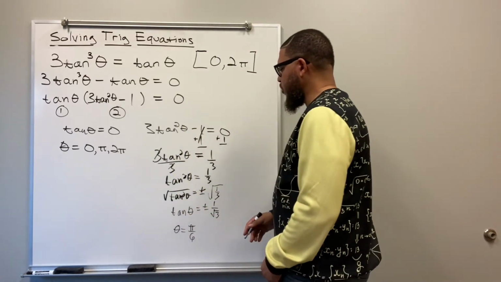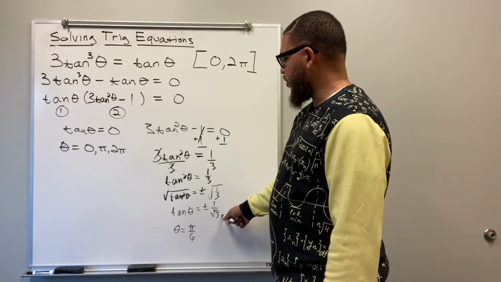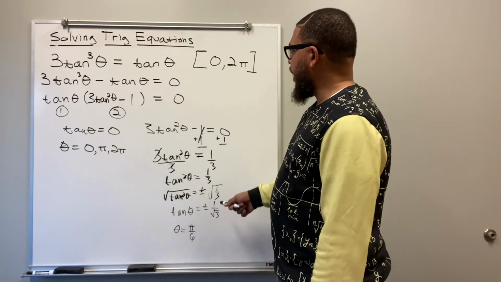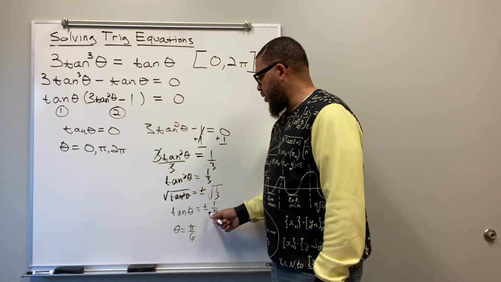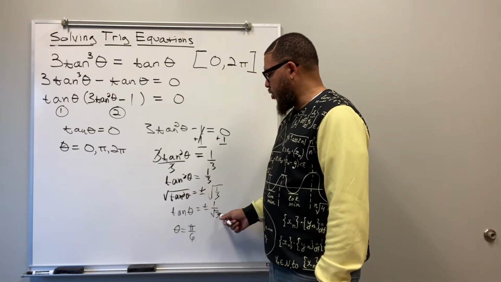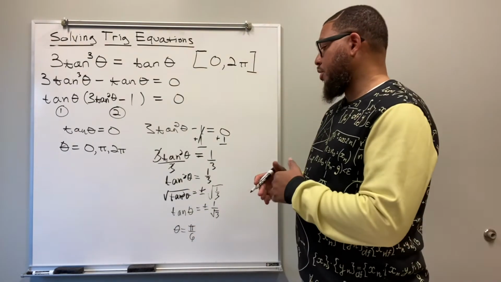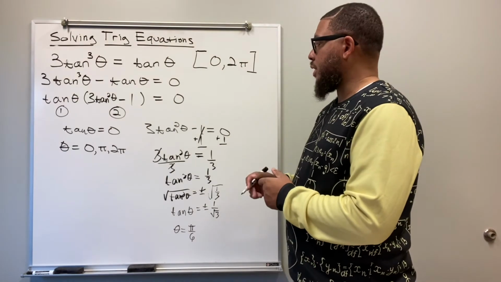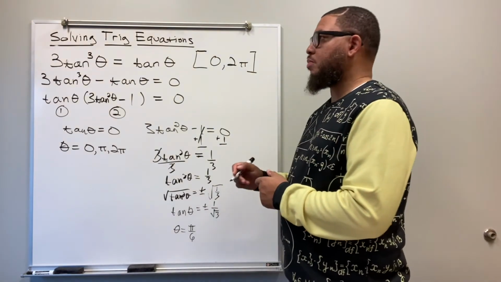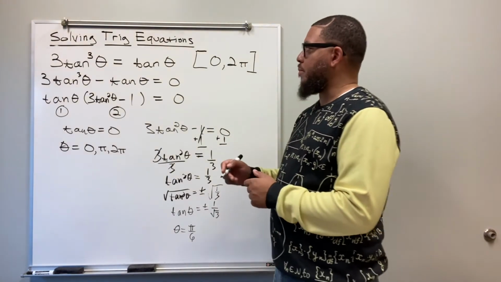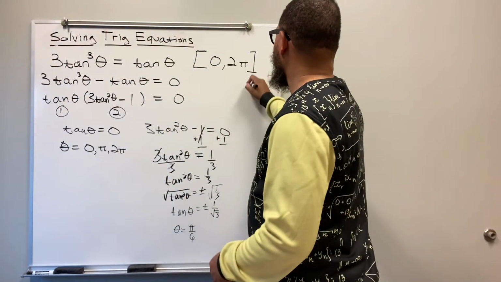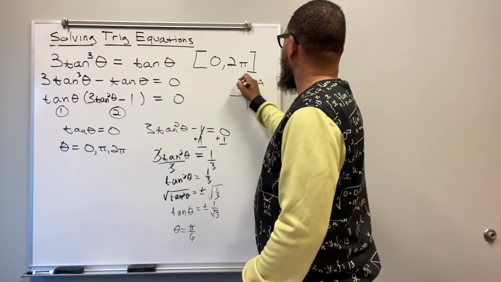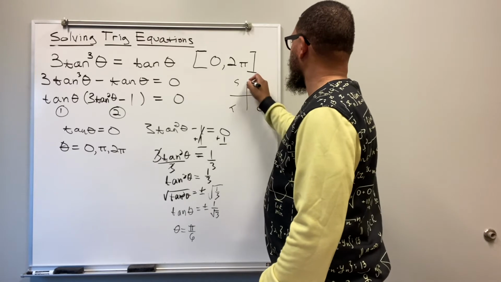So that's positive 1 over the square root of 3, right? But another angle that has a tangent which is positive 1 over square root of 3 would also be found in the first quadrant. Would also be found in the third quadrant, because you probably remember that thing with the unit circle, all students take calculus.